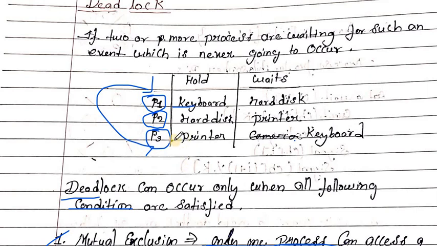Here the P3 process can't take the keyboard from P1 by preempting it forcefully.